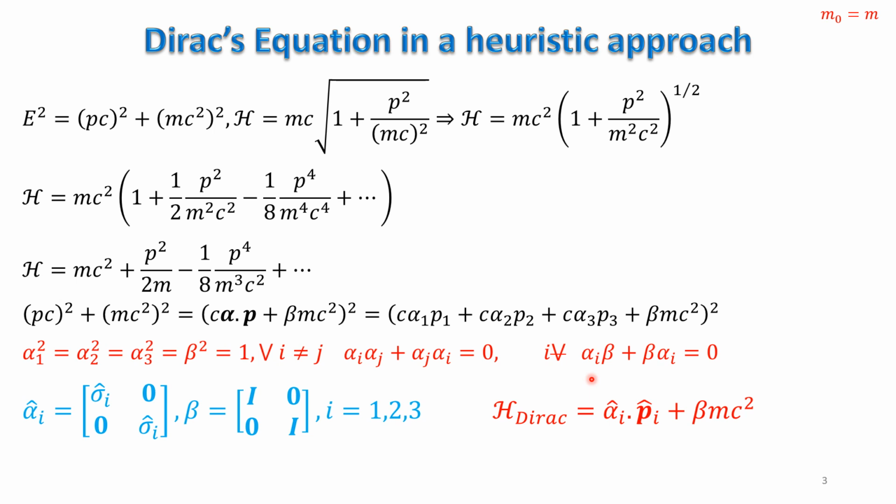So Dirac's approach was to consider a 4 by 4 matrix composed of Pauli's 2 by 2 matrices, sigma i, where you can consider sigma 1, sigma 2, sigma 3, or sigma x, sigma y, sigma z, the 3 Pauli matrices. This bold 0 is the 2 by 2 zero matrix, that is 0, 0, 0, 0. And beta is equal to I, 0, 0, I, that is the identity matrix 1, 0, 0, 1. So this I is 2 by 2, and this bold 0 is 2 by 2.